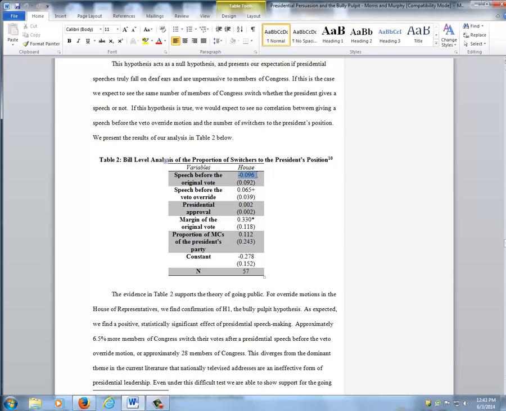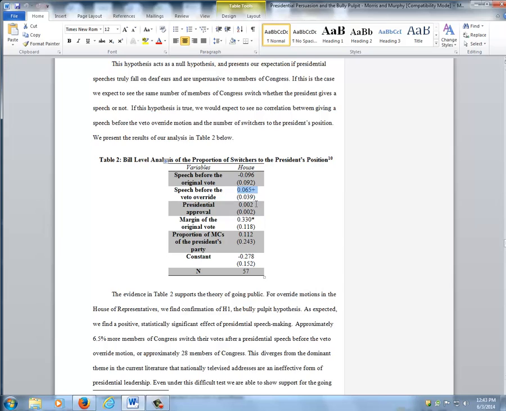The top number here is the coefficient, and that basically is the effect that your independent variable right here has on your dependent variable. So a speech before the original vote has a negative 0.096 effect on switching. Similarly, a speech before the veto override has a 0.065 effect.